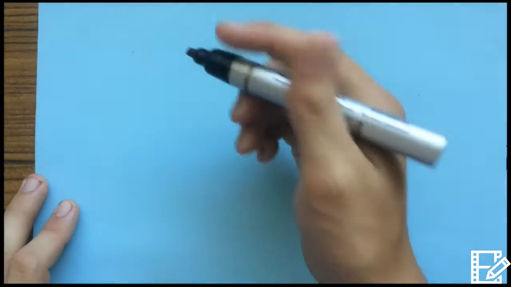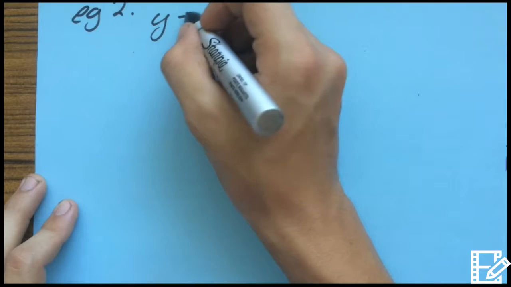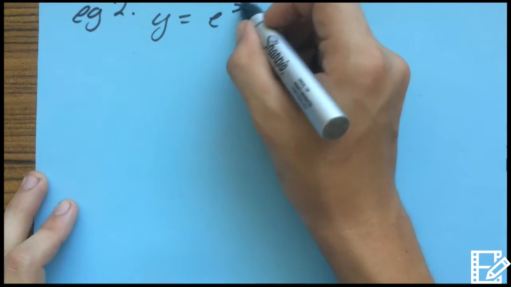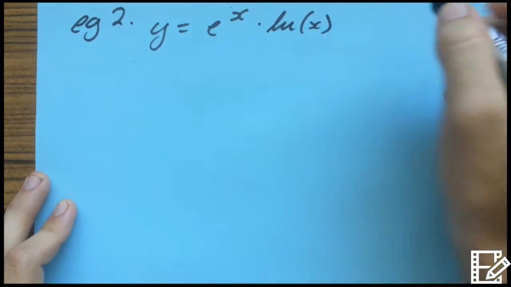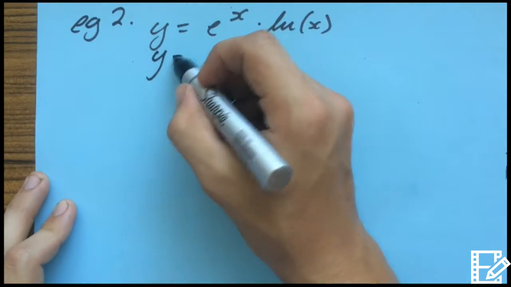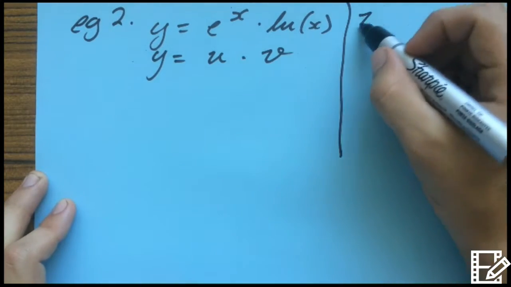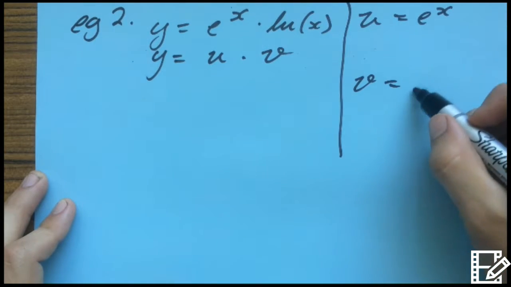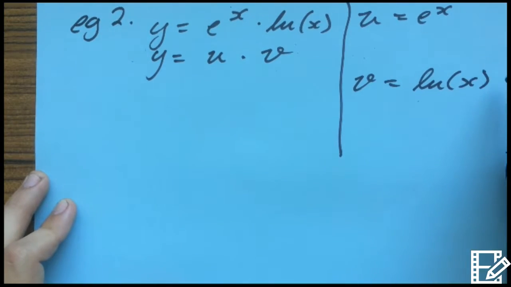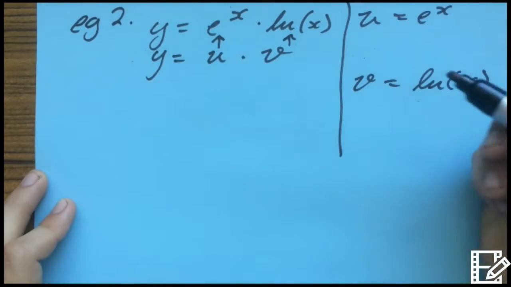Okay, so, another example. y equals e to the power of x multiplied by ln of x. Again, we have a function multiplied by another function. So let's label them accordingly. Label u as e^x and v as ln x.